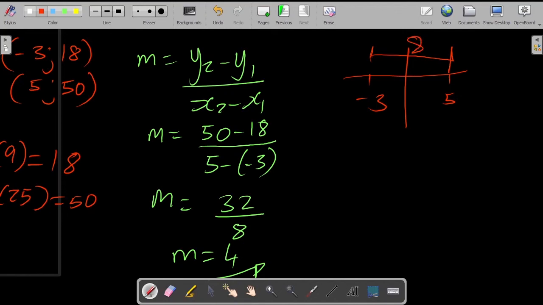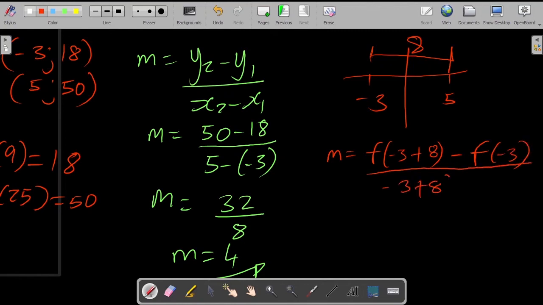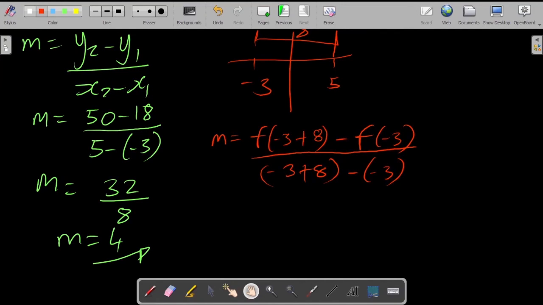Now, going back to that notation, we'd have f of -3 plus 8, subtract f of -3, divided by -3 plus 8, subtract -3. So this is what we basically have. And remember that at the bottom, we simplified this to just h, and our h is just 8, right? So this is 8. So if you do this, this is just basically f of 5.